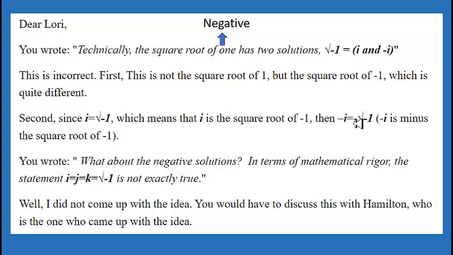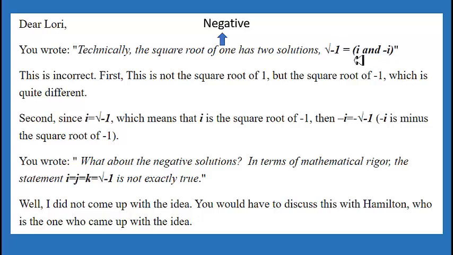Then -i is equal to minus the square root of -1. So yeah, that is true. I don't have a problem with any of that. But I have a problem with writing this statement right here, i is equal to the square root of -1, because the square root of -1 has two solutions, i and -i, and so you can't really say i is equal to the square root of -1 when the square root of -1 has two solutions, i and -i.